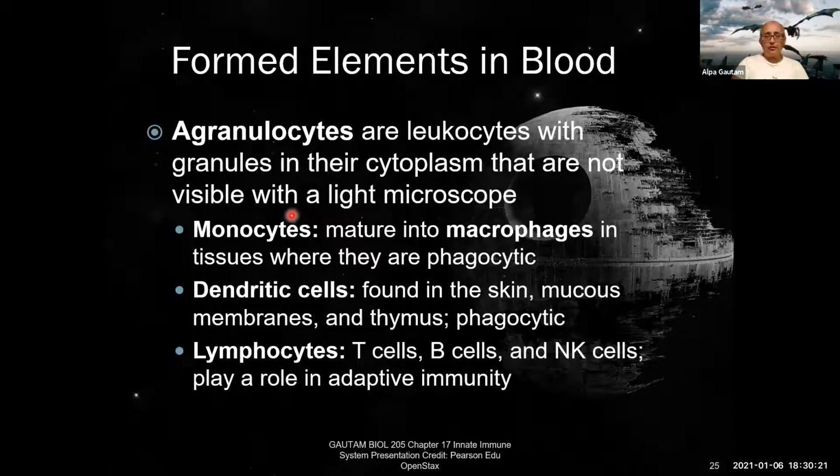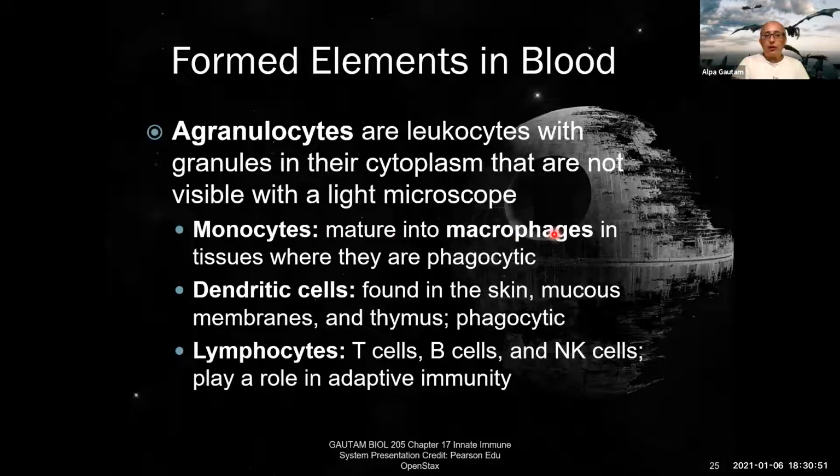Then you have monocytes. Monocytes are cells that are present in blood, and when there's a pathogen present, that monocyte leaves the capillary, and once it leaves the capillary, it goes through a differentiation process and becomes a macrophage.